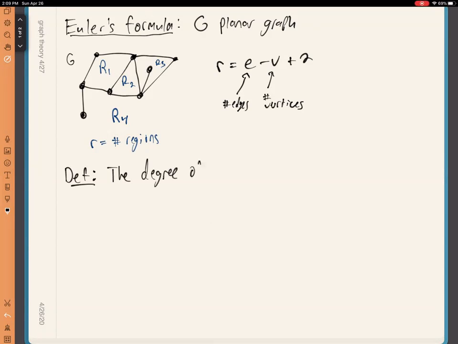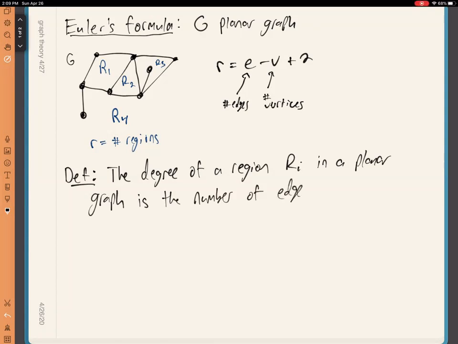The degree of a region, say, let me call it capital Ri, in a planar graph, is going to be the number of edges on the boundary of the region, with one additional property to take care of some exceptional cases, which I'll mention in a second.